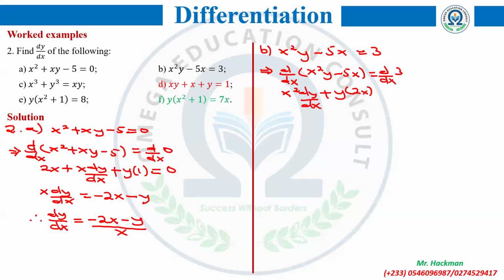Now you come to the second term, so it will be minus the differential of 5x. So if you differentiate 5x with respect to x, meaning you are finding d dx of what? 5x, already the minus will be there. What are we going to get? 5. Okay, so you put your 5 there, which is equal to d dx of a constant will give us 0.